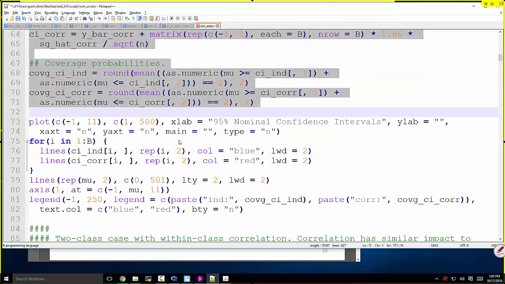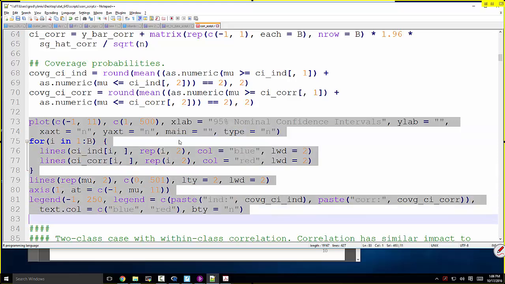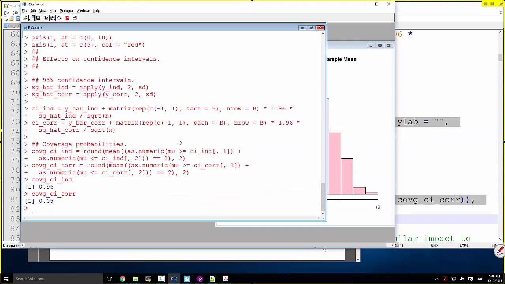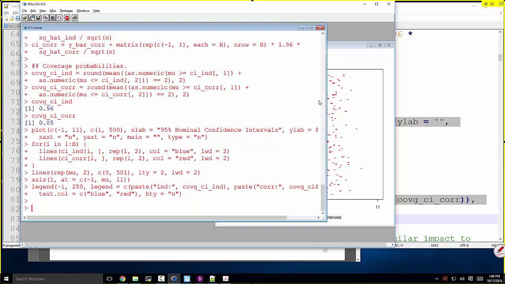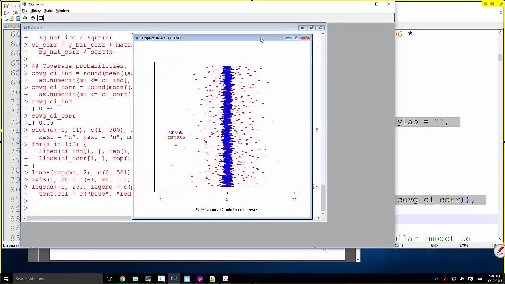Here is a plot showing each of the intervals. Blue is the independent case, red is the correlated data case. The true mean is at 5 on the horizontal axis, so there's a dashed line segment running vertically at mu equal 5.